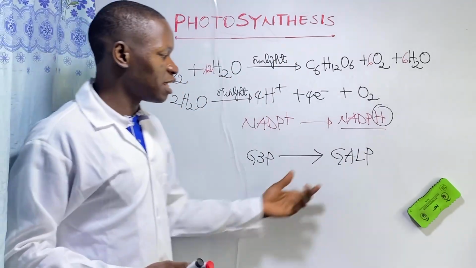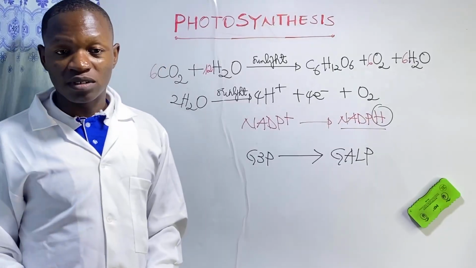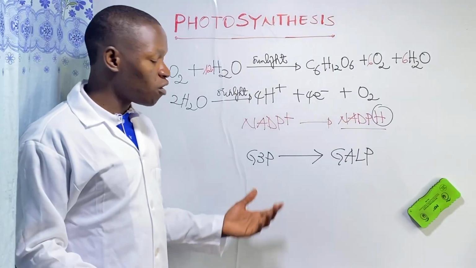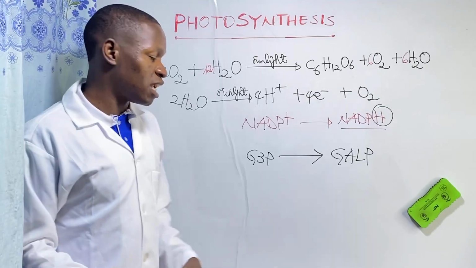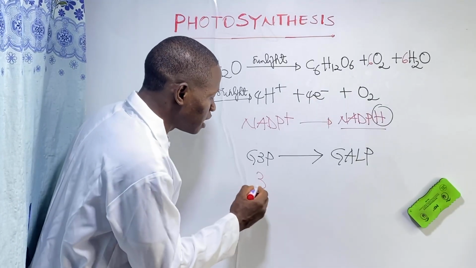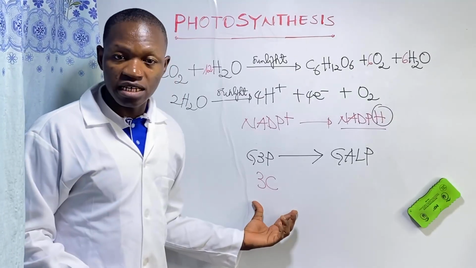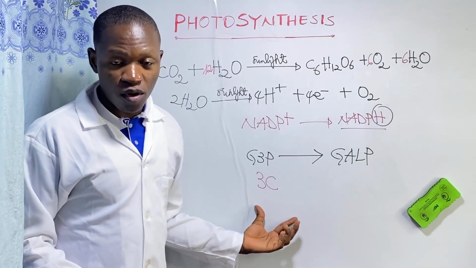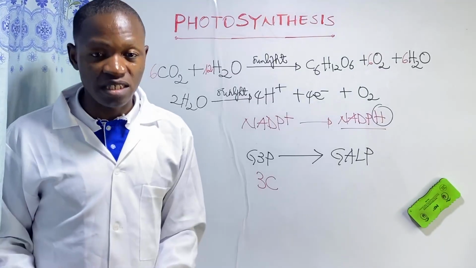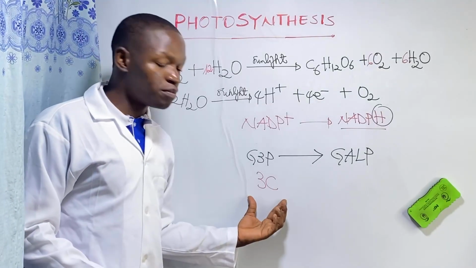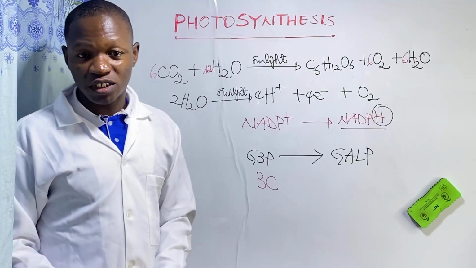Glycerate phosphate is the first stable product of the Calvin cycle, and it is a 3-carbon compound. That's the reason why the Calvin cycle is also called the C3 cycle, because its first stable product is a 3-carbon compound called glycerate phosphate.